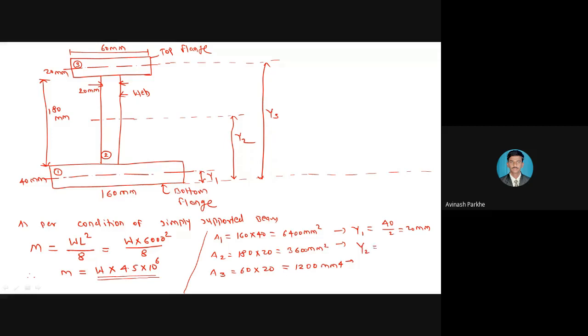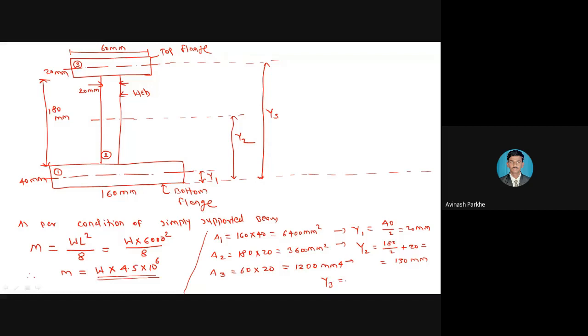Then Y2 is equal to, what is the value of Y2? 180 divided by 2 plus 20. What is the Y2? 130 mm.